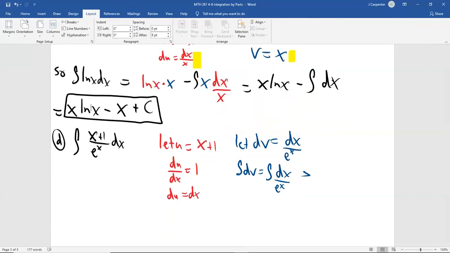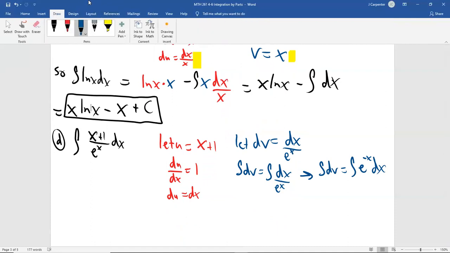which it's just going to be better to write this as the integral of dv equals the integral of e to the negative x dx. We don't know how to integrate when an e is in the bottom, but we do when it's in the top. So there's that classic give it a negative exponent to bring it up. So integrating dv gives us v equals.